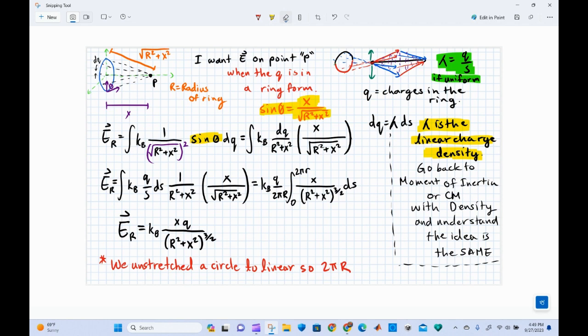Basically, what's happening, if you think about it, is we unstretch to a line, and we make this over here square root of r squared plus x squared, but this point is in the same place. Technically, we did a little bit more than that, but you kind of get the idea of what we did. So I hope that's good enough.